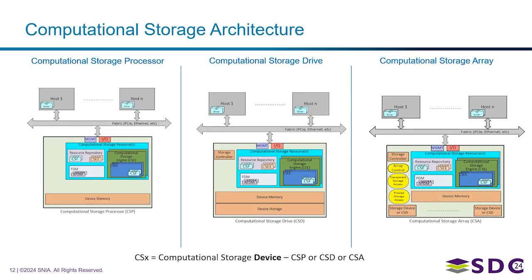I'm going to back up to this slide. The allocated function data memory, which is that little dark blue chunk that you saw in the previous slides, is the memory space on the device that is used as potentially input to a function, output to a function, or scratch pad for a function.